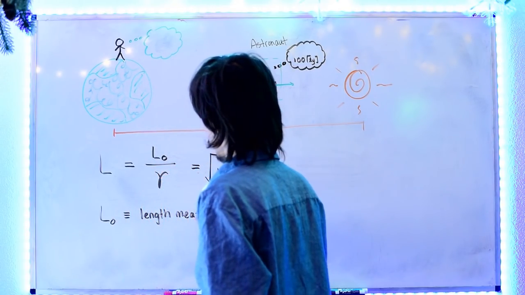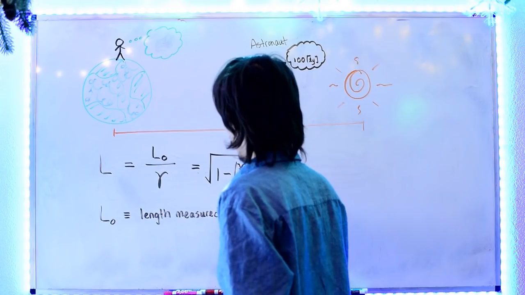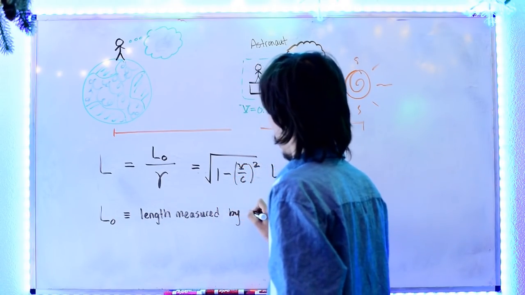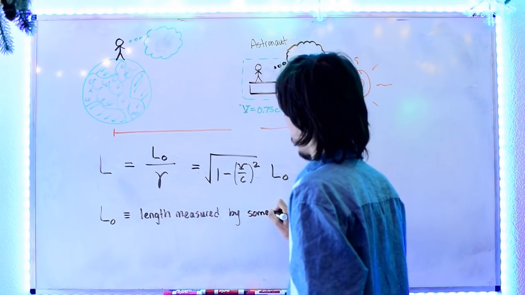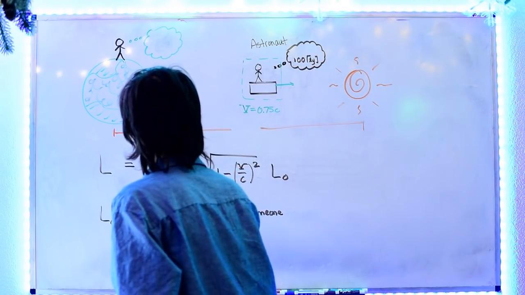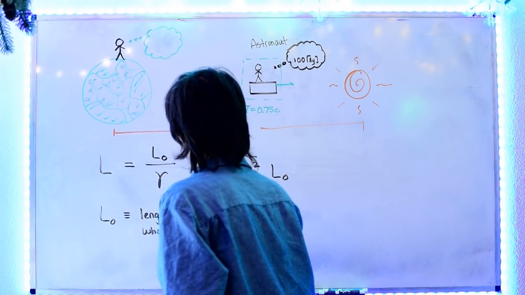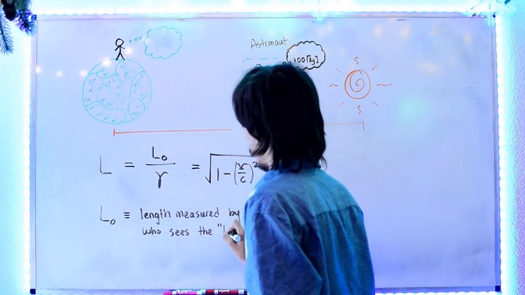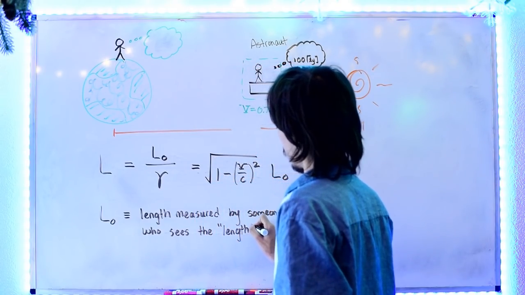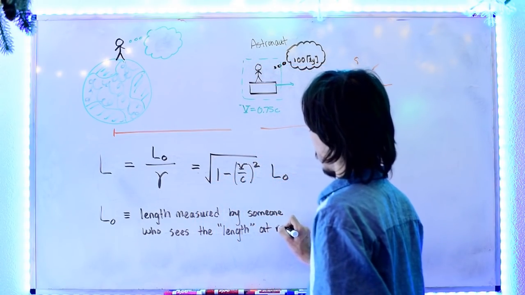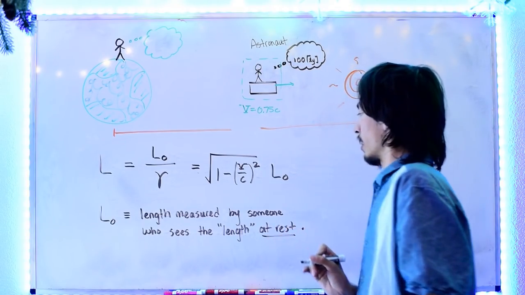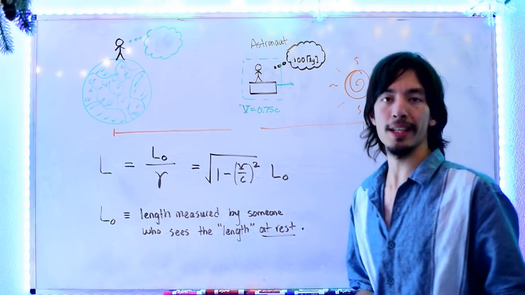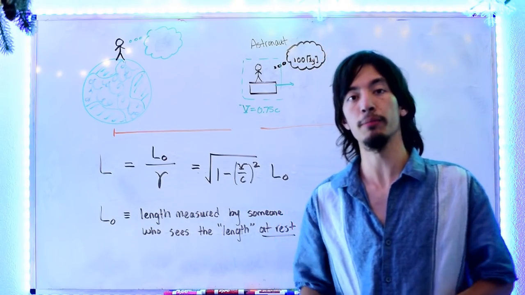measured by someone who sees the length at rest. L is the distance measured by someone who sees the length moving.